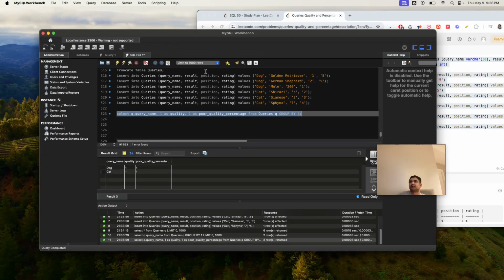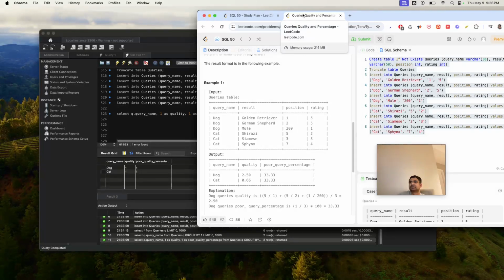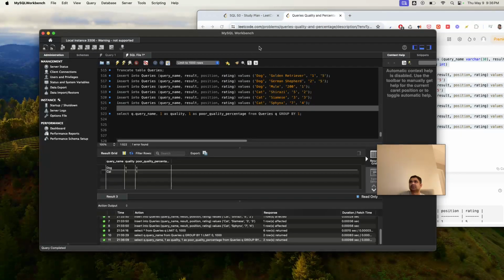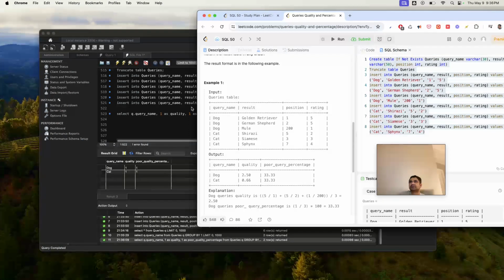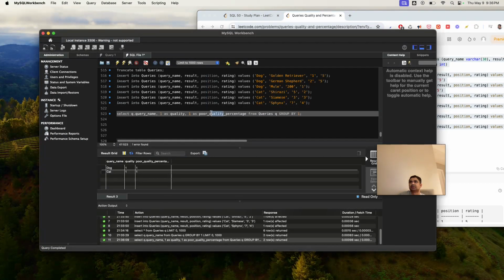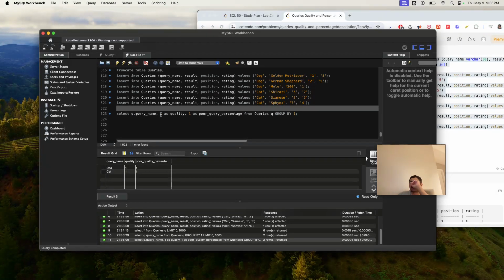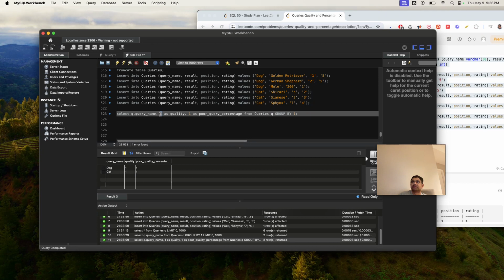Okay, so poor query percentage, that spelling is correct. Poor query percentage, it's not quality. The first one is quality and the second one is the poor query percentage. And we need to decide how we will calculate these things: how you will calculate quality, and how you will calculate poor query percentage. That's the part we need to figure out.